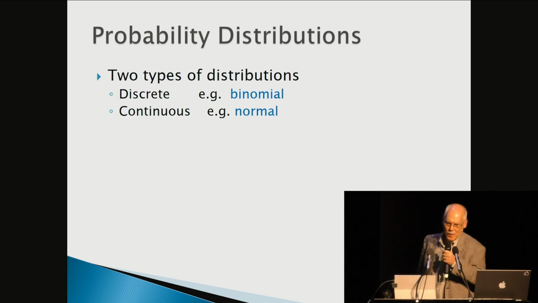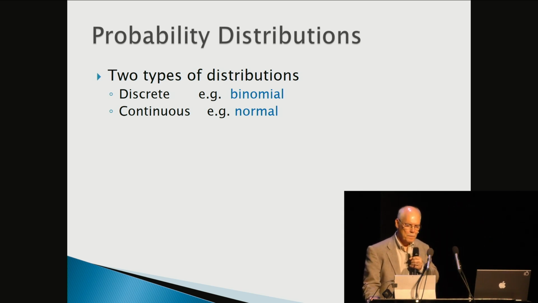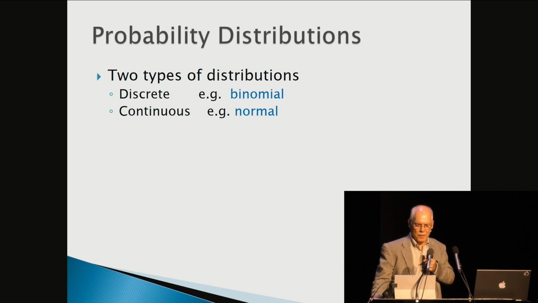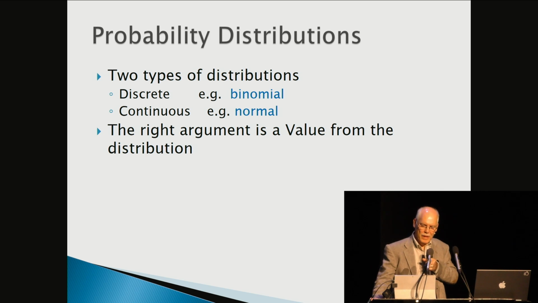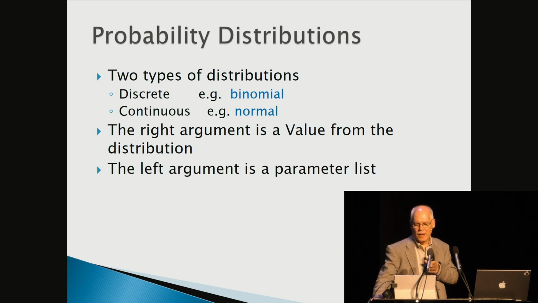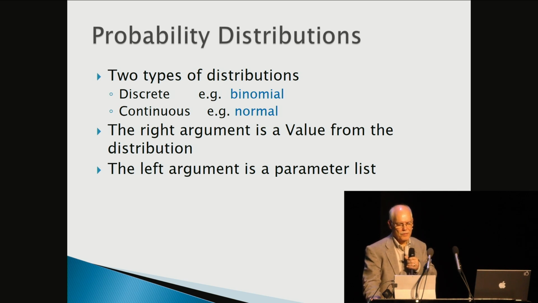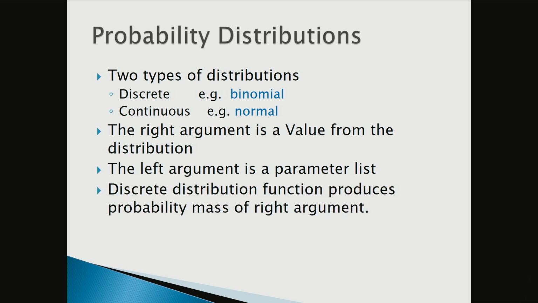Now, probability distributions, which I'm going to show you some examples of. We have discrete and continuous distributions, and so those are the two basic kinds. And the right argument is usually a value from the distribution. The left argument would be a parameter list.